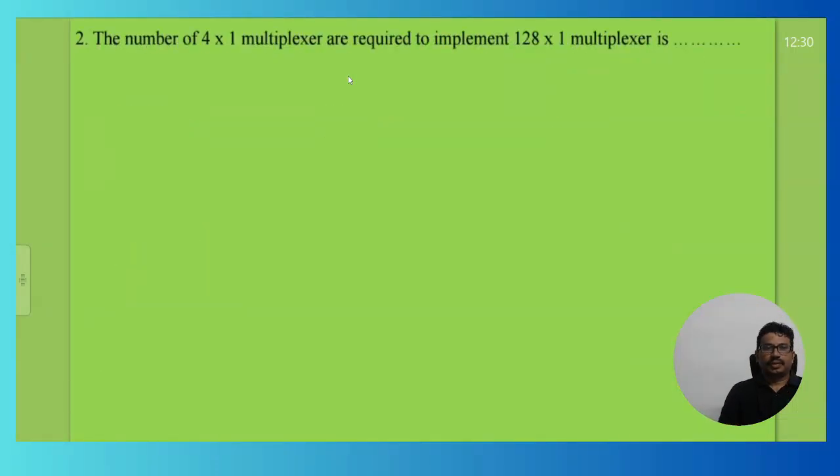Next. The number of 4x1 multiplexers required to implement a 128x1 mux. This is very easy, a division rule. 128 divided by 4 is how much here?